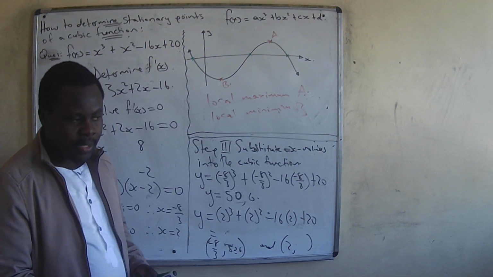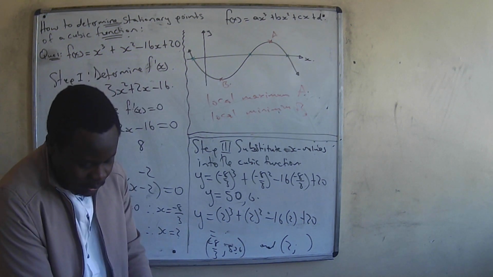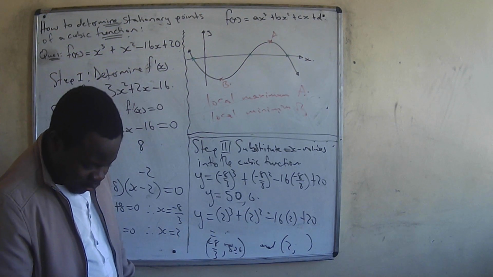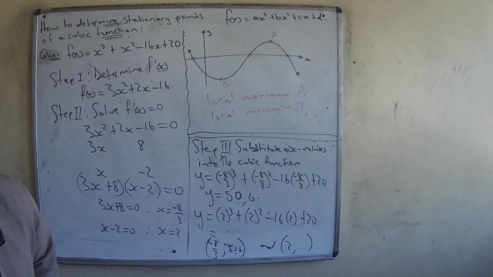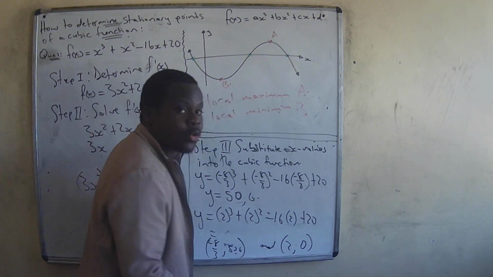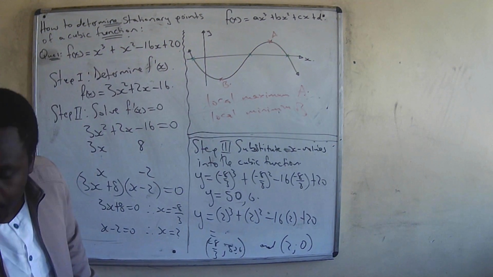Let us determine the corresponding y value with a calculator. We are going to get y equal to 0. So we now have our corresponding y value: y is equal to 0.